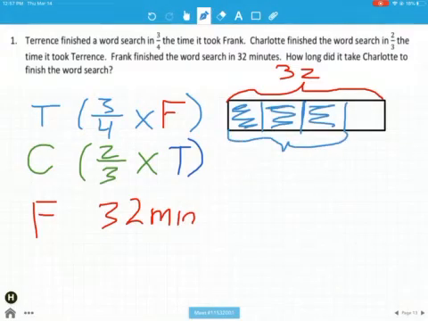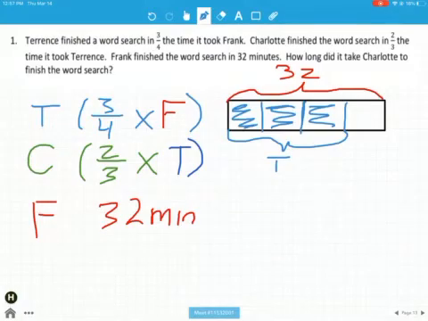So this is what I'm looking for, Terrence. Okay? 3/4 the time of 32 of Frank's. Okay, so most of you can see the setup right there. If you were paying attention in class, it's a straightforward setup. But I know there's some people that don't get it. So Terrence is our question mark here.